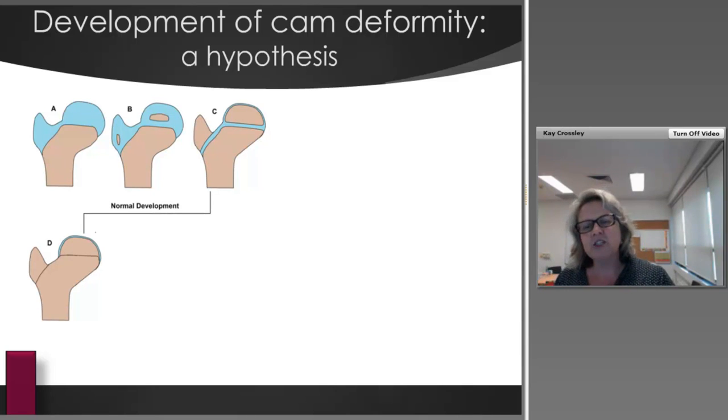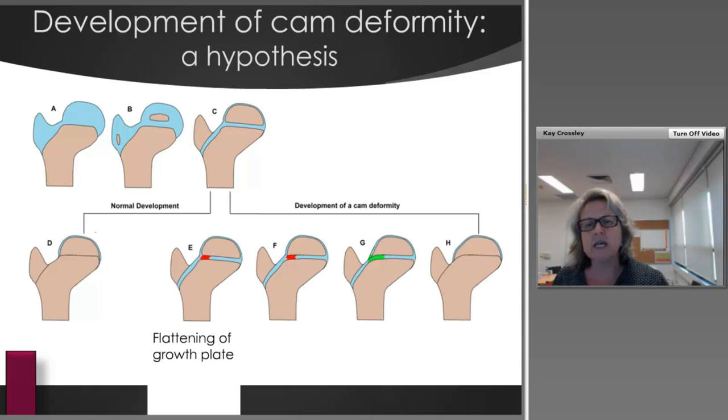And that is, during adolescence, we have a normal head-shaped development, which is represented here as A, followed by B, followed by C. And if everything is normal in the development, we then go to this graph D with the normal spherical head shape.